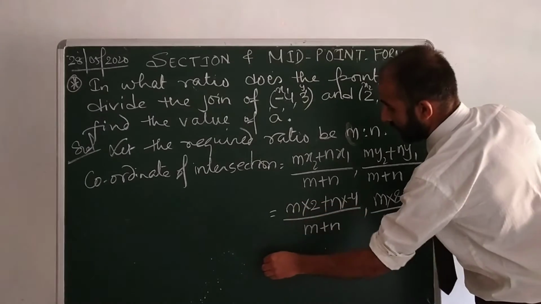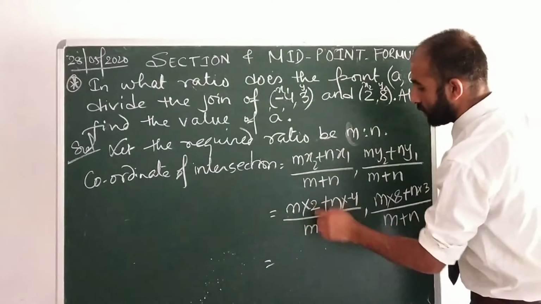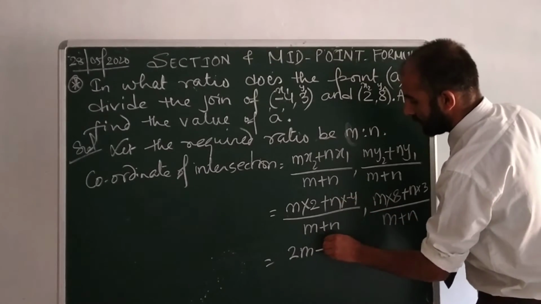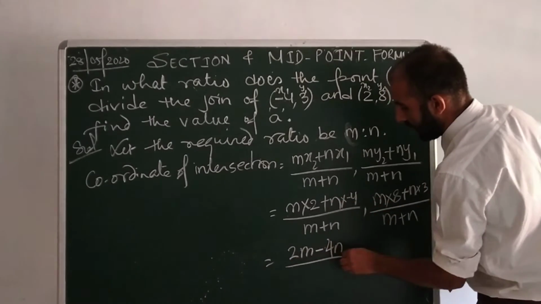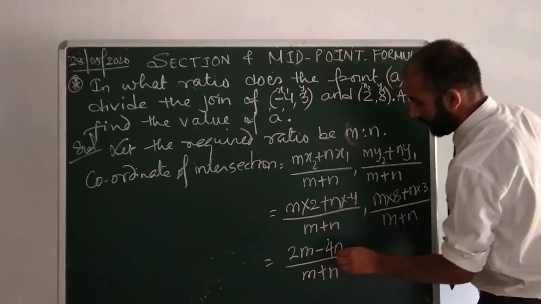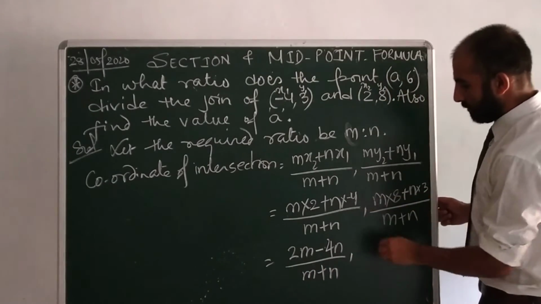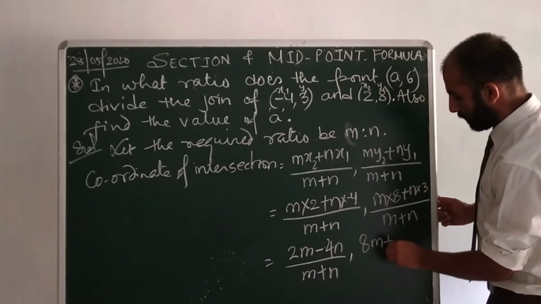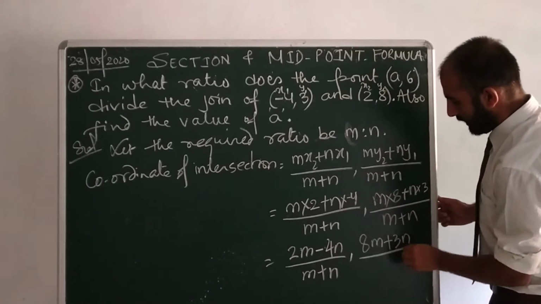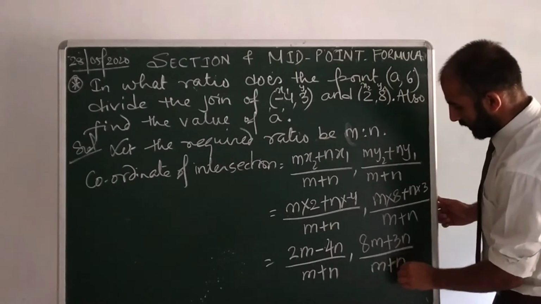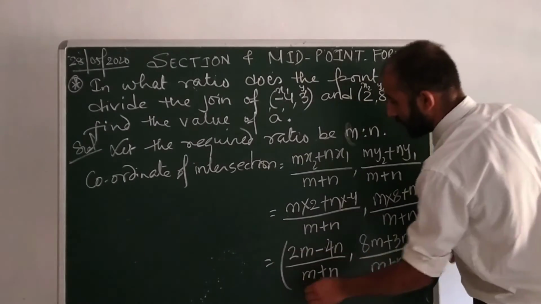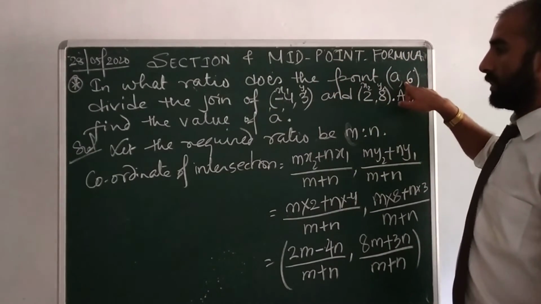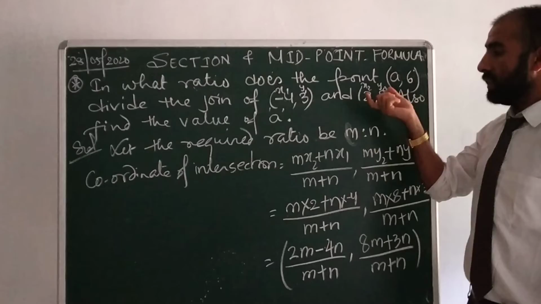Okay, so let's simplify it. M into 2, 2m, minus 4 into n, minus 4n, by m plus n. 8 into m, 8m, 3 into n, 3n, by m plus n. So these are the coordinates of this point, which we took out using the formula.